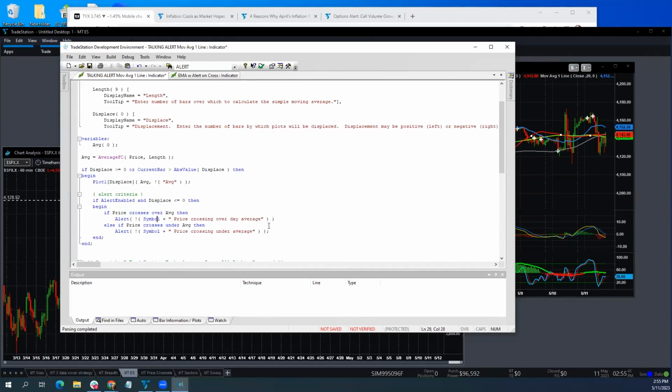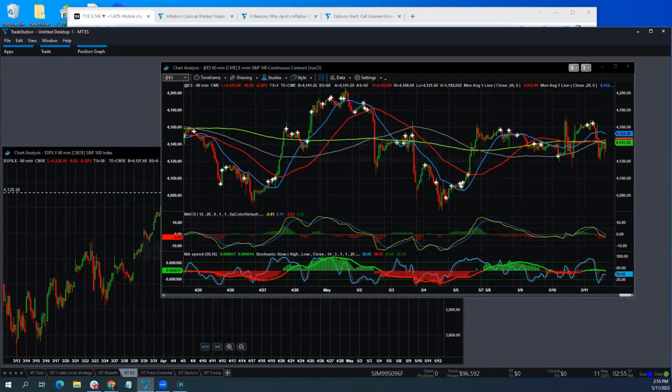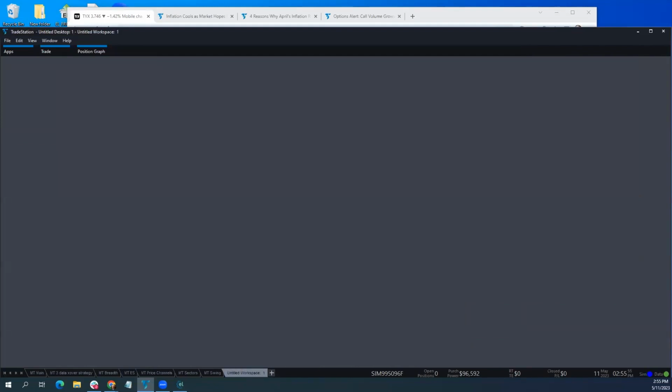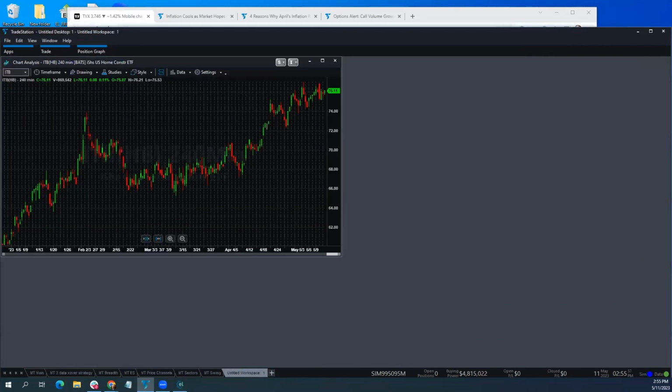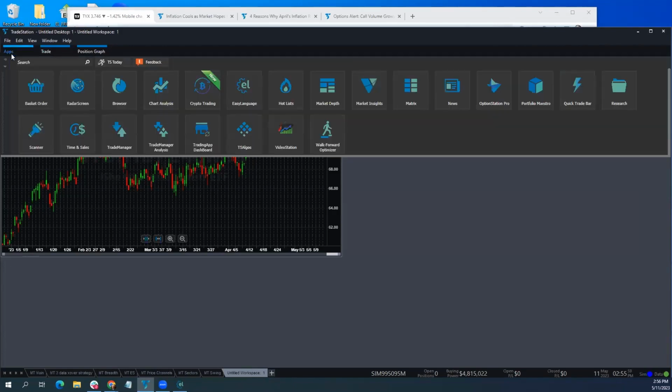But what you can do is, and if I do this now, hit F3, what will happen is if I go now, I can actually add this to something like a radar screen.